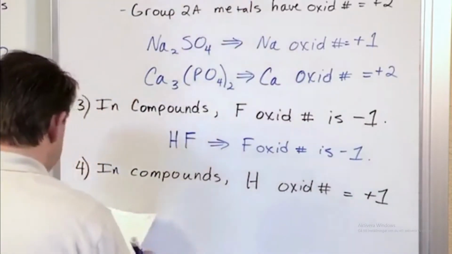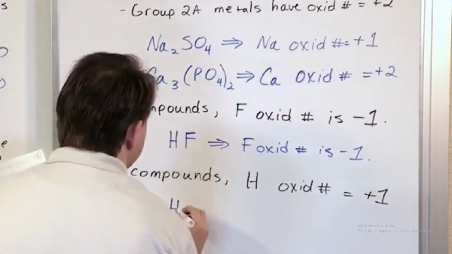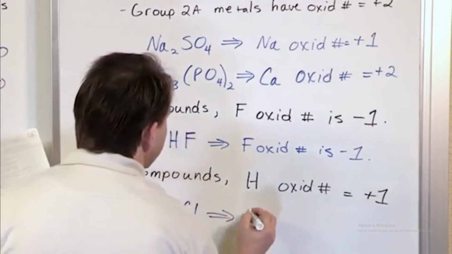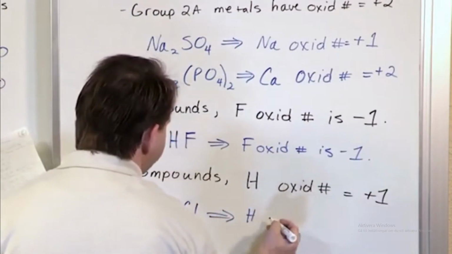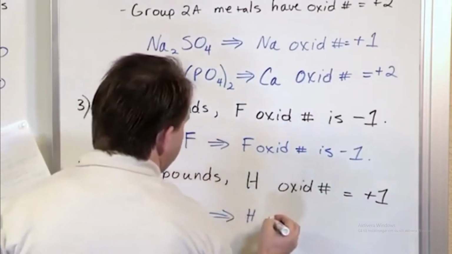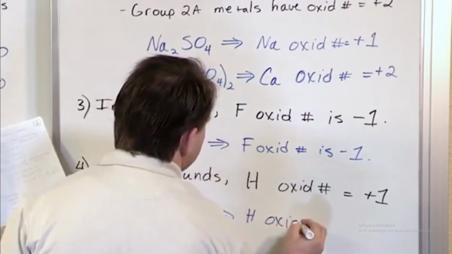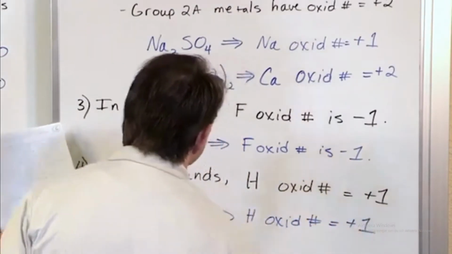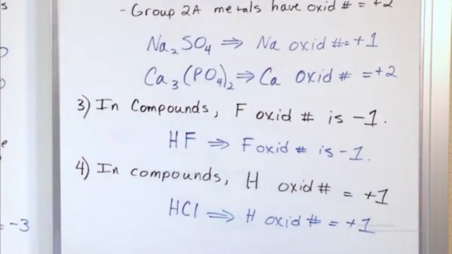So let's give another example. HCl, hydrochloric acid, right? So we know without looking that the hydrogen in here has an oxidation number of +1.